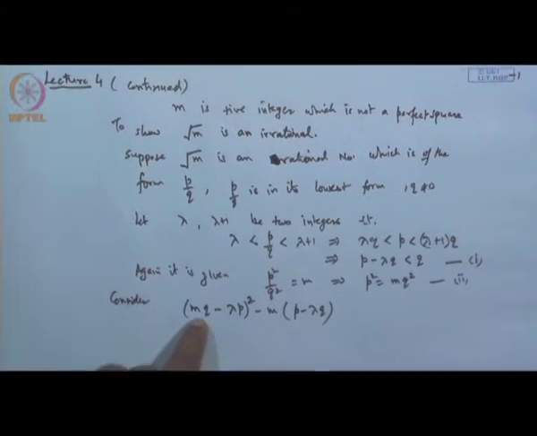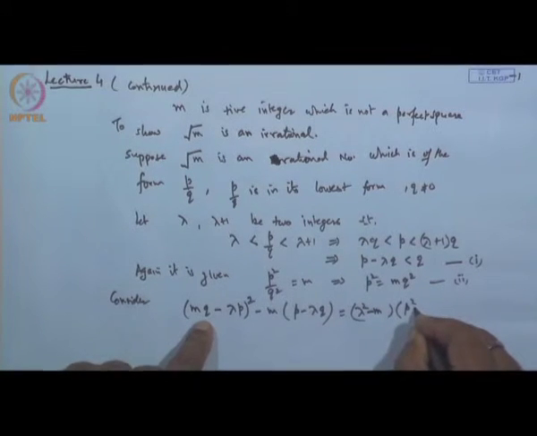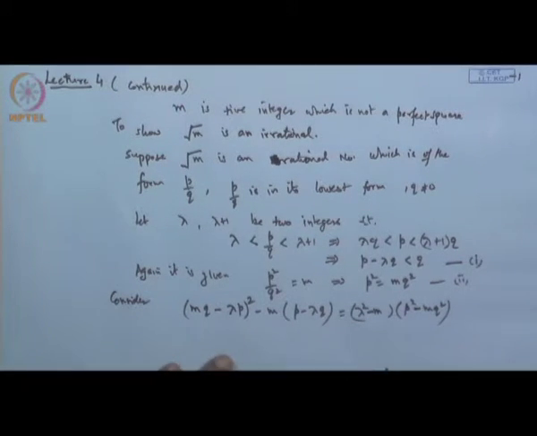Basically, if I open this expression, it can be put in the form of (lambda square minus m) into (p square minus m q square). One can easily verify it. Now, p square is equal to m q square because of 2, so this will come out to be 0.